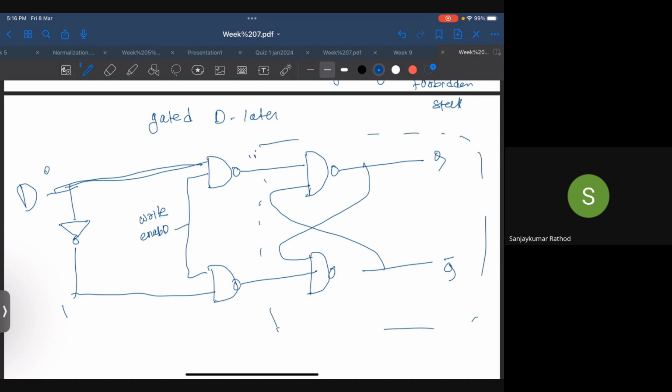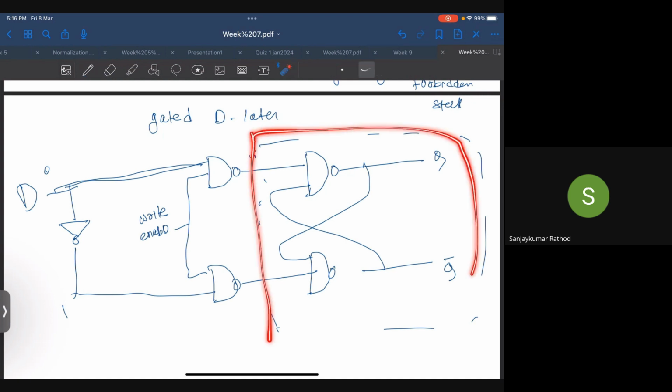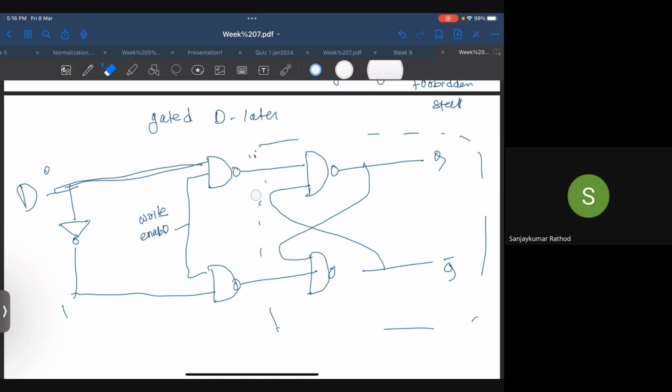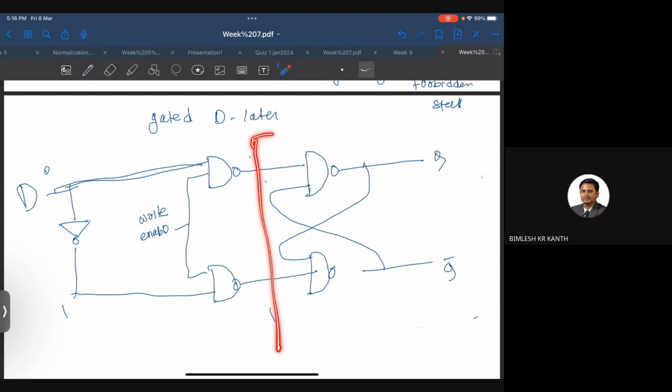You can see that this is the RS latch, correct? Got it? D input is going through a NOT gate here. So for that we put the one NOT gate. This is called the gated latch.